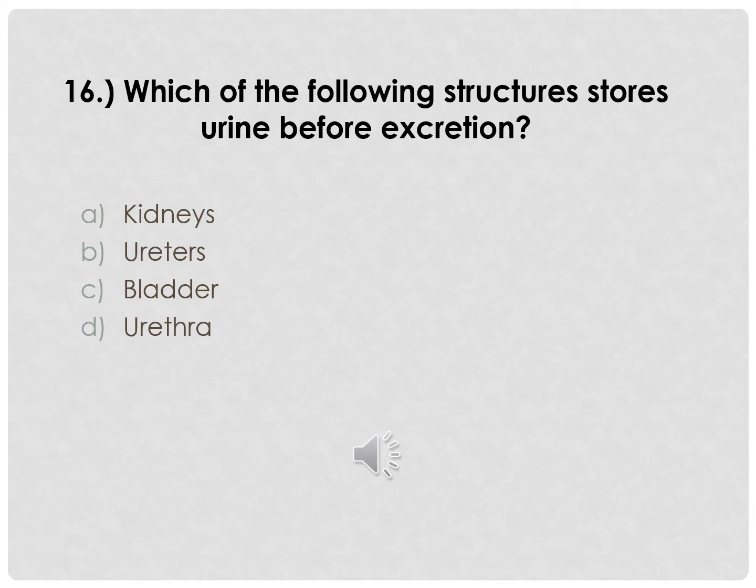Letter C, the urinary bladder, that's actually where urine is stored before it's excreted. And letter D, the urethra, that's the passageway that leads from the urinary bladder out of the body. So the correct answer here is C, bladder.